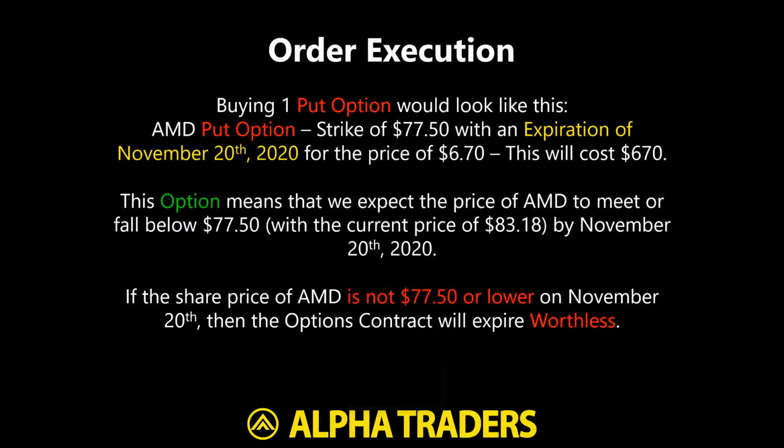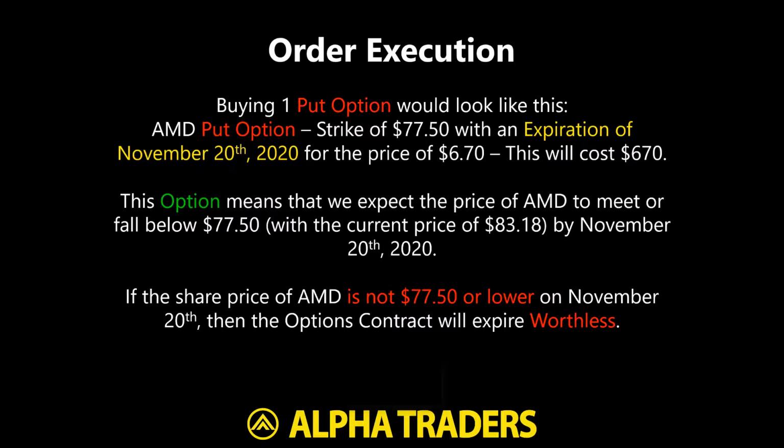On the put side, buying one put option would look like this. AMD put option with a strike of $77.50 with an expiration the same, November 20, 2020, for the price of $6.70. This will cost you $670. This option means that we expect the price of AMD to meet or fall below $77.50, with the current price of $83.18, by November 20th, 2020.